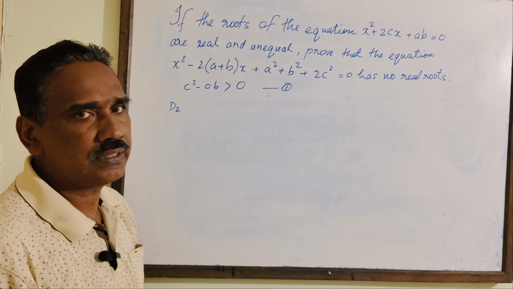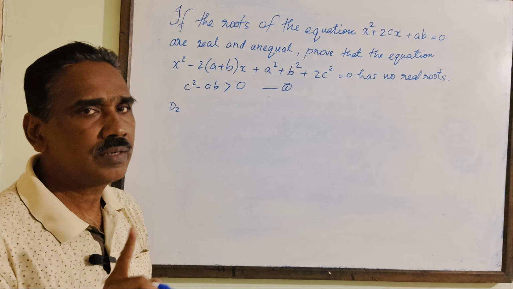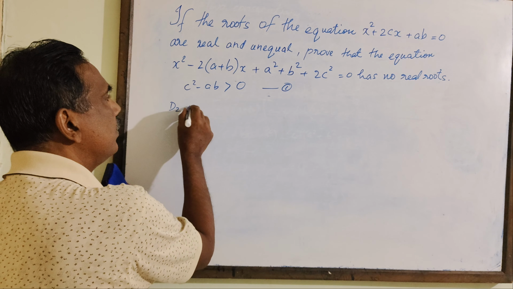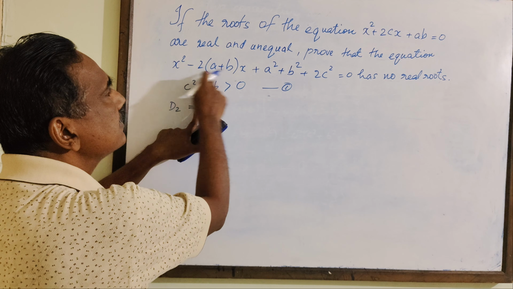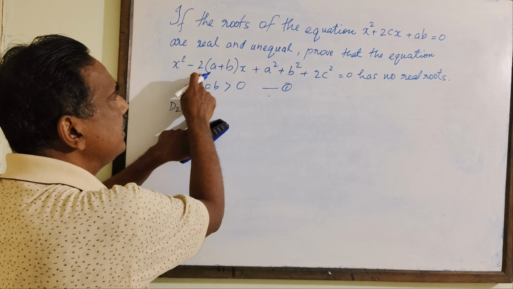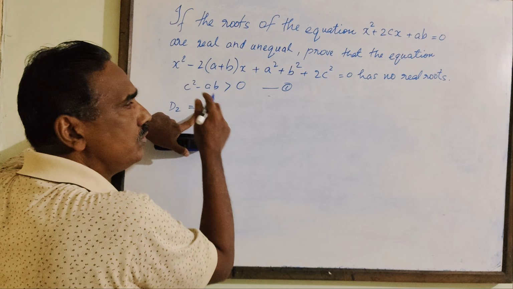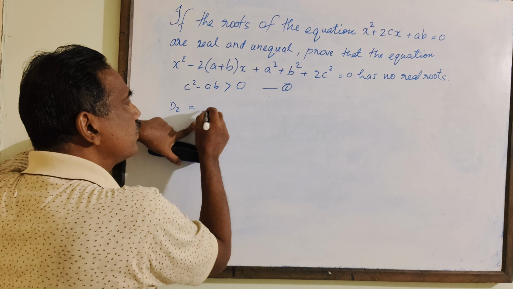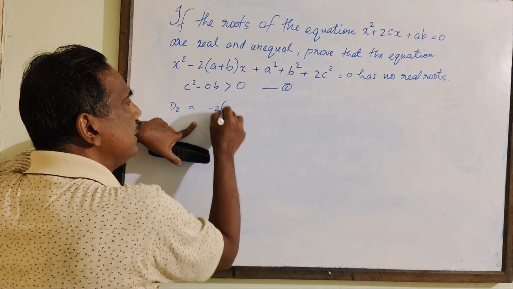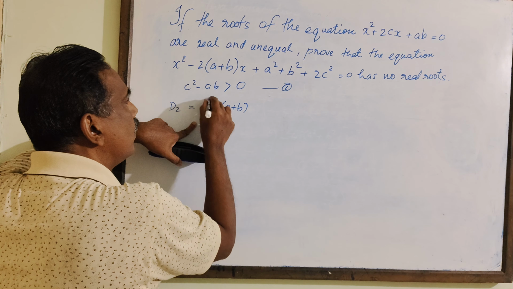We know D2 is always b square minus 4ac. So you have to find out what b is here. Instead of bx, what is here? Minus 2 into (a plus b). So b is minus 2 into (a plus b), and we require b square, that is minus 2 into (a plus b) whole square.